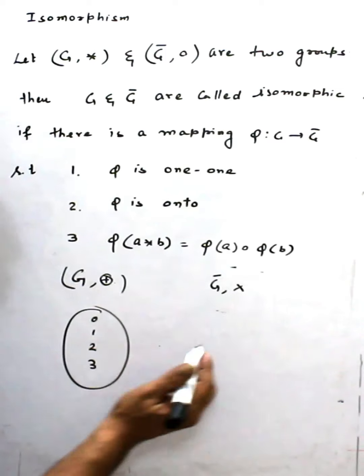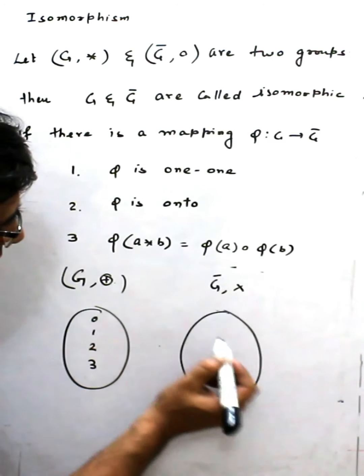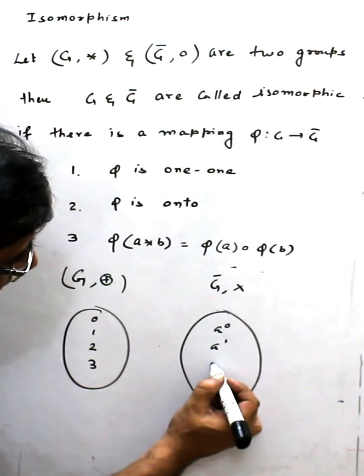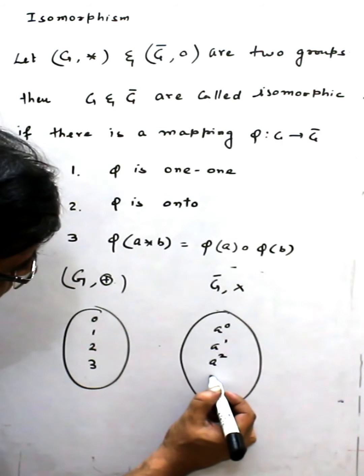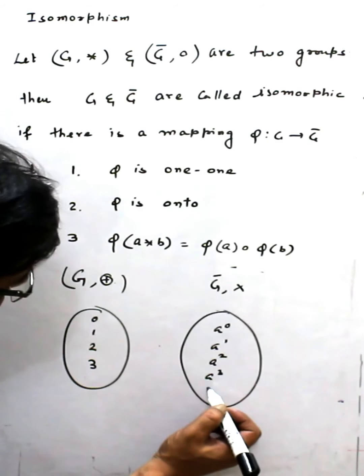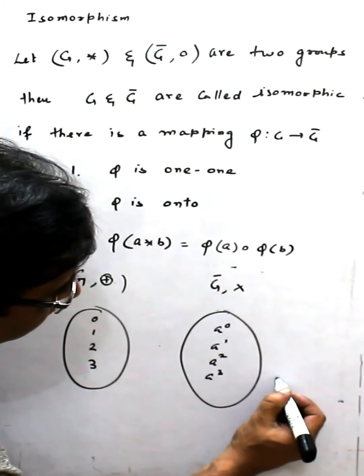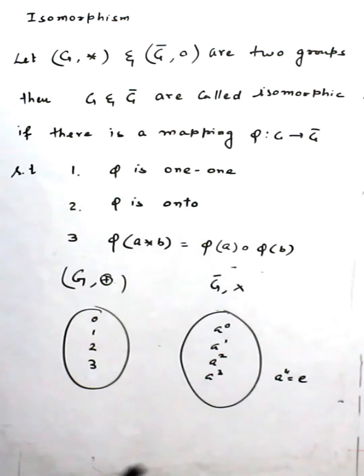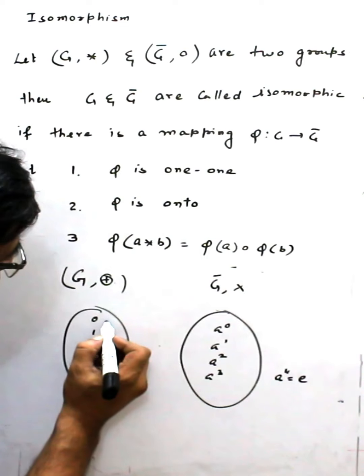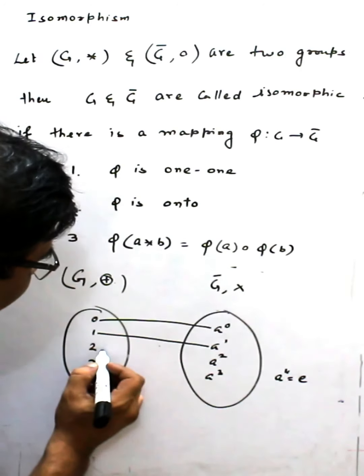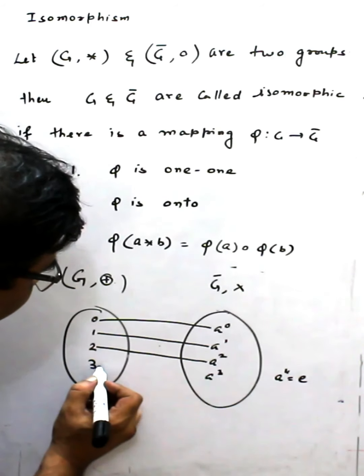Okay, then take this: A0, A1, A2, A3, and A4 is equal to the identity. Now it is a finite cyclic group generated by A, and I map this element with this element, this element with this element, and this element with this element.